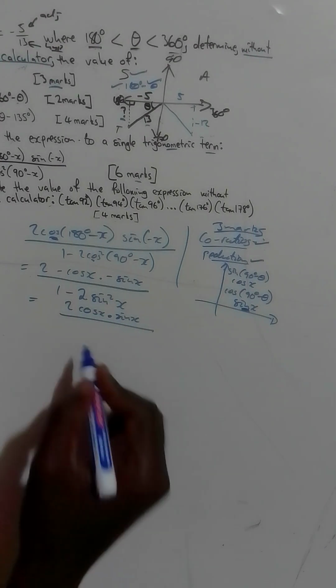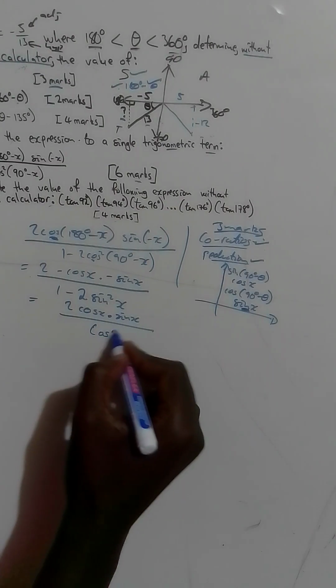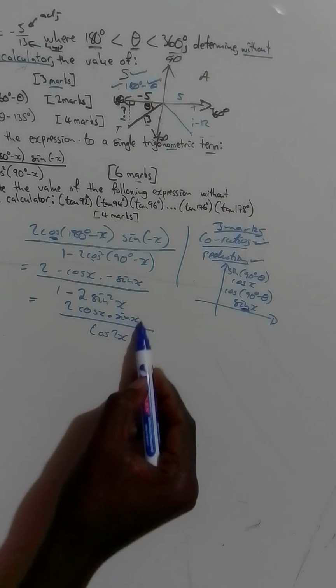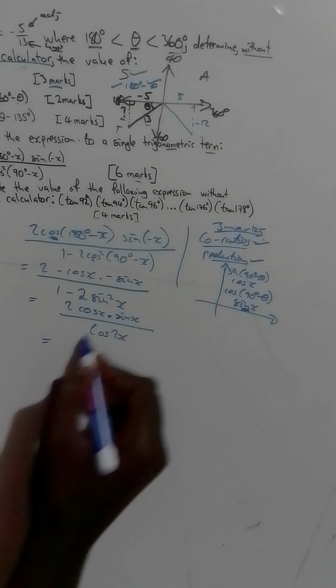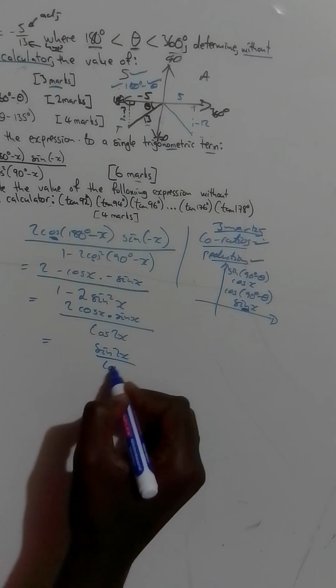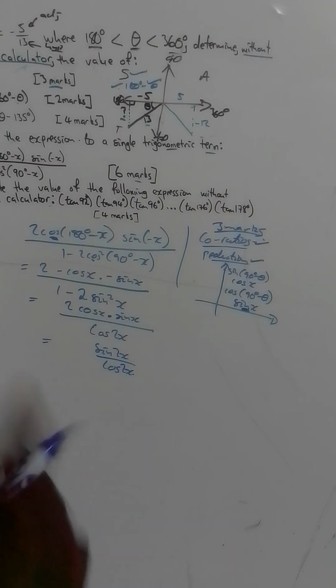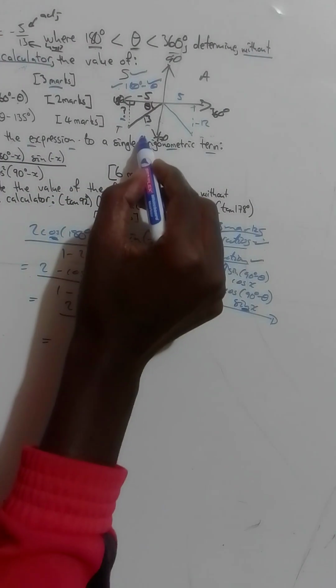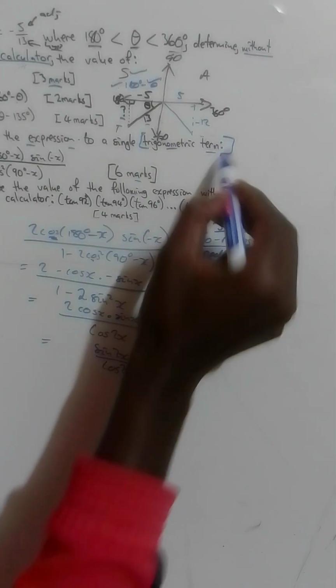This is a double angle, so it turns into cos 2x. And this 2 cos x multiplied by sine x is also a double angle, it turns to sine 2x. So now we've got sine 2x all over cos 2x. If you remember, what was the instruction? Simplify the expression to a single trigonometric term.